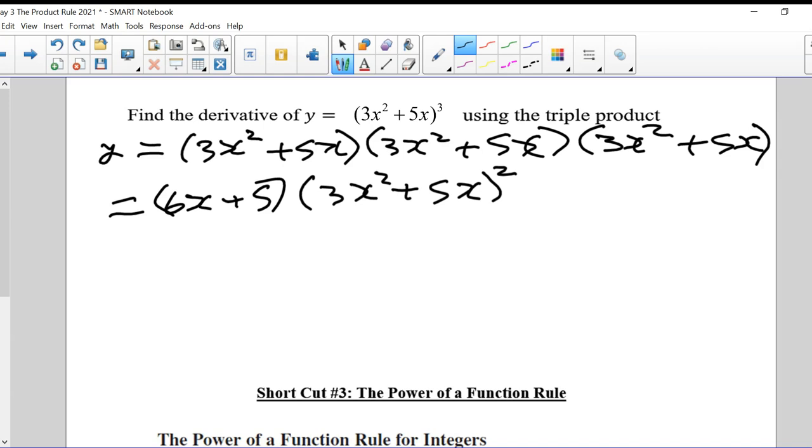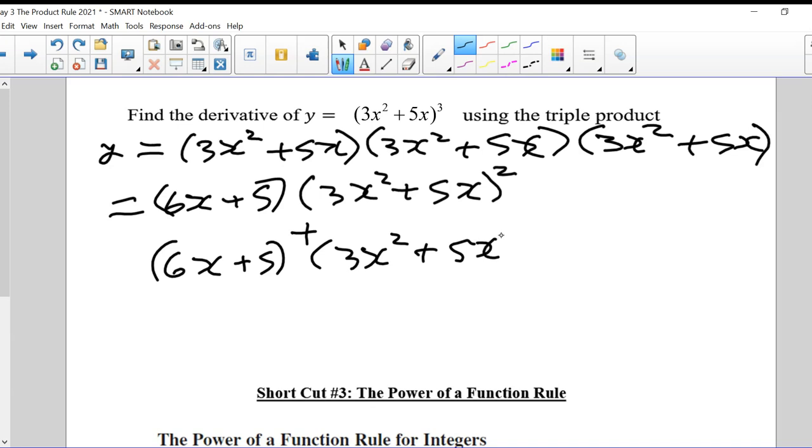All right. So I'm going to have the 6x plus 5. Then I'm going to multiply that by 3x squared plus 5x to the power of 2. But guess what? I'm going to have this same thing 3 times, because remember, each of the terms is the same. So I'm going to have another 6x plus 5 multiplied by the same 3x squared plus 5x squared.